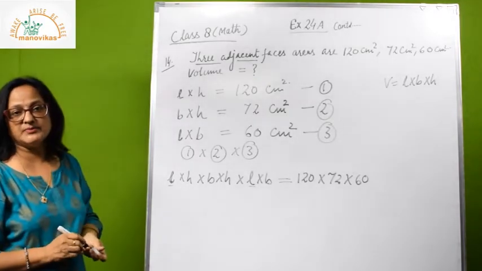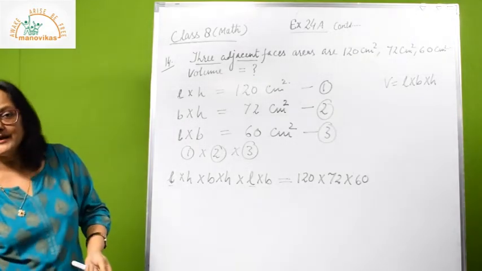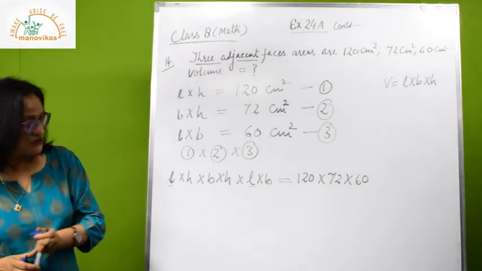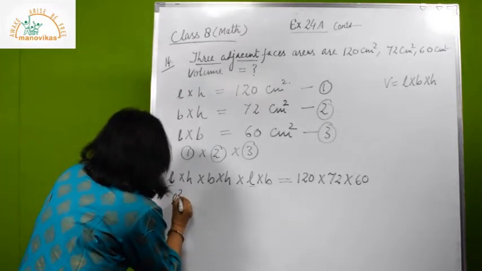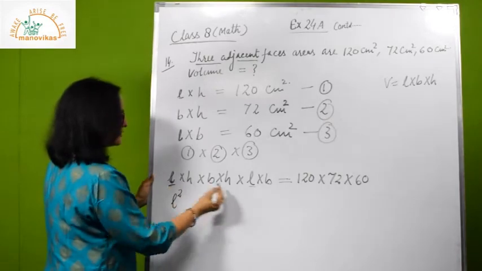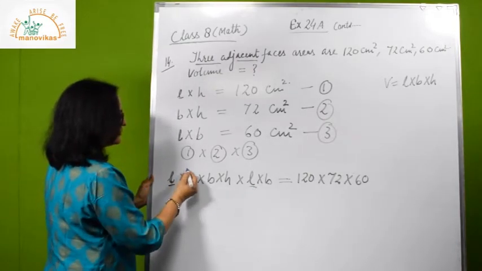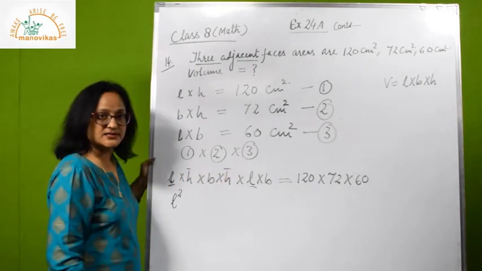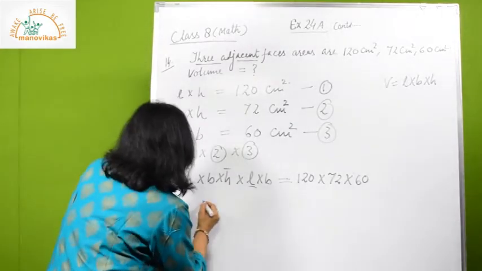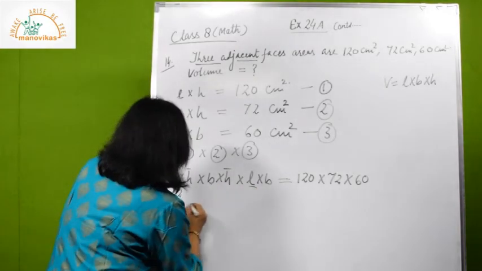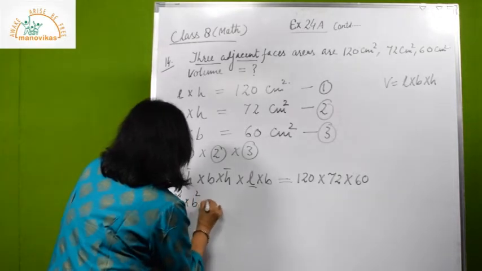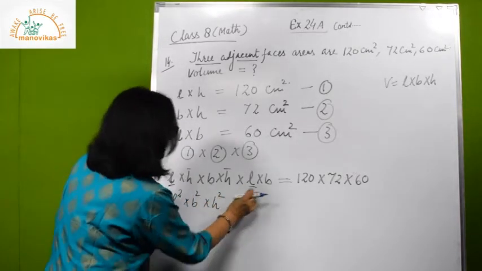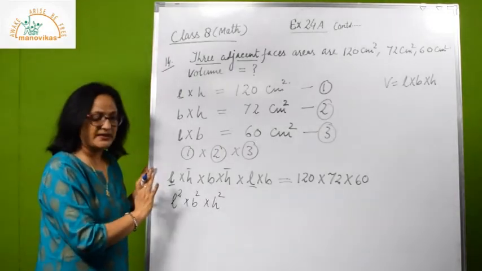If 2 lengths are being multiplied, they will become length square. We have multiplied length and length. Now h is here, h is here, h square, and b is here, b is here. So length square into b square into h square. Left hand side we have multiplied.